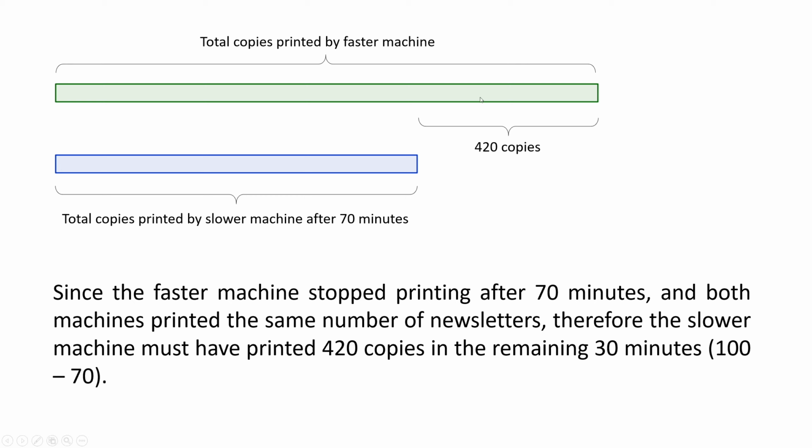So the difference in number of copies will be 420, and the difference in time required to print this additional 420 copies on the slower machine would be 100 minutes less 70 minutes. 100 minutes coming from the time required by the slower machine to print the same number of copies of newsletter as the faster machine.